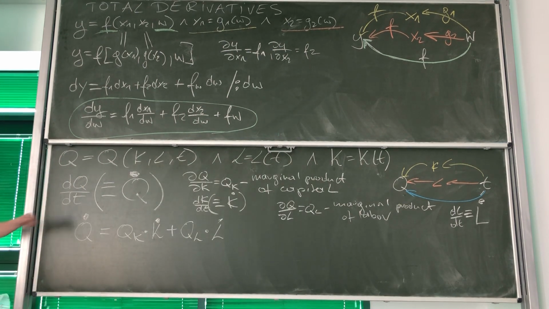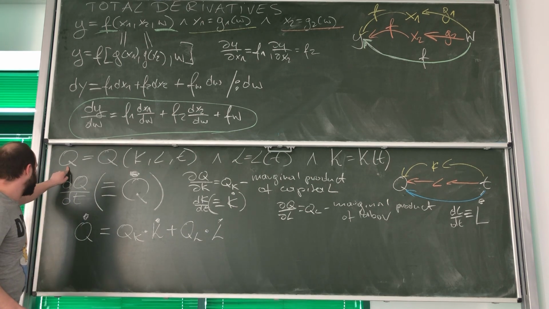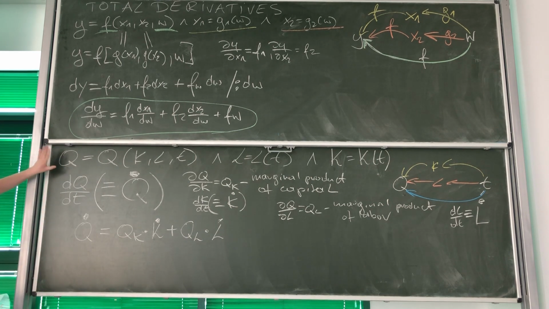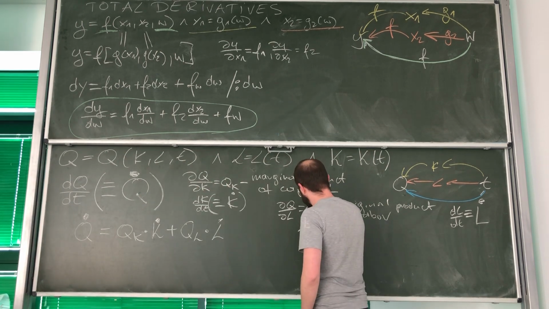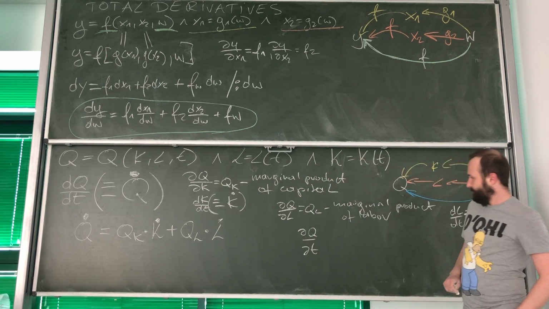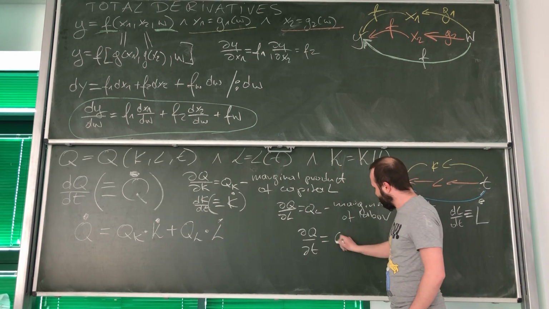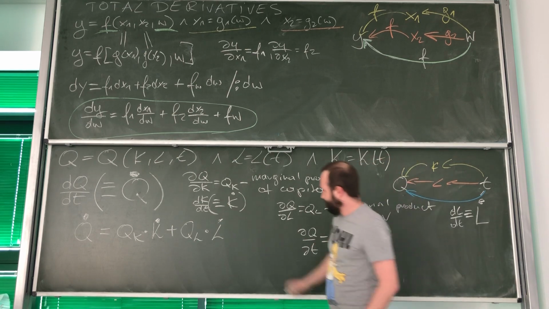Okay, what is the one thing missing? Well, we miss the partial derivative of Q with respect to time, right? Which we will denote as Q_T.